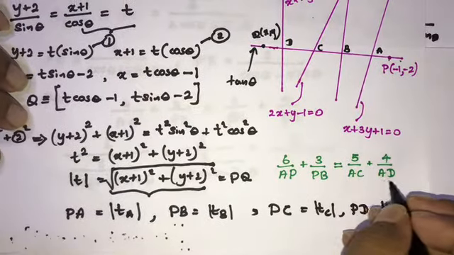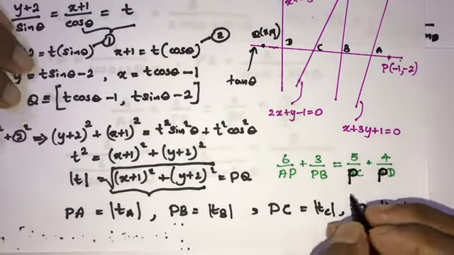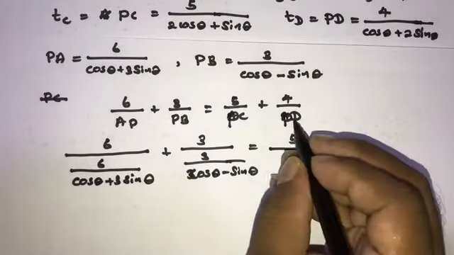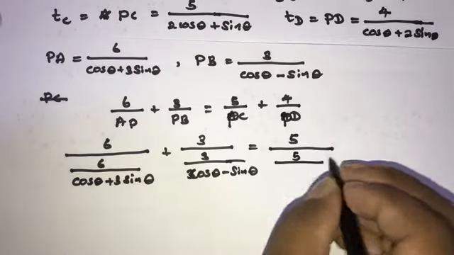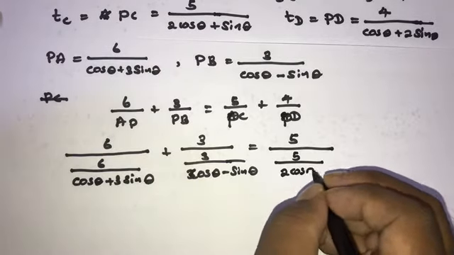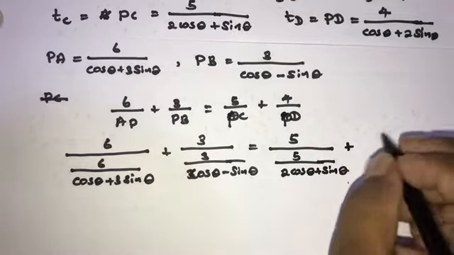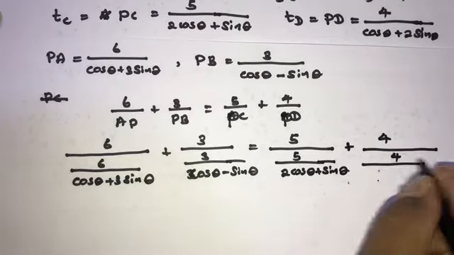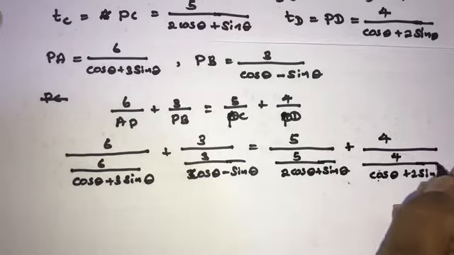So in the beginning we got AC and AD, so this is PC and PD, so I apologize for it. Okay, now PC, we know PC is equal to 5 over 2 times cosine of theta plus sine of theta, and plus 4 over PD, which we know is 4 over cosine of theta plus 2 times sine of theta.